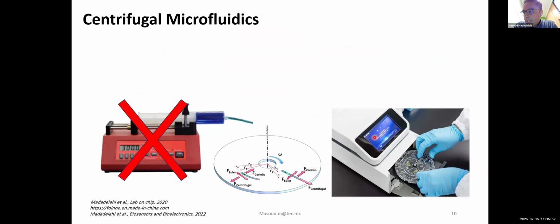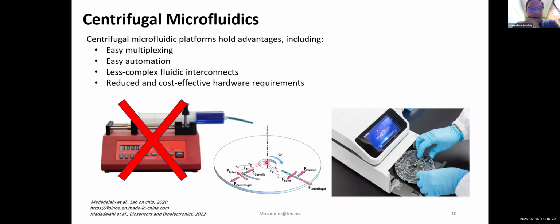We can use a stepper motor, or a servo motor, or even a very cheap DC motor to spin such disks and to generate different forces, mainly centrifugal force, as a driving force. And then we can manipulate a fluid inside some microchannels on that spinning disk.